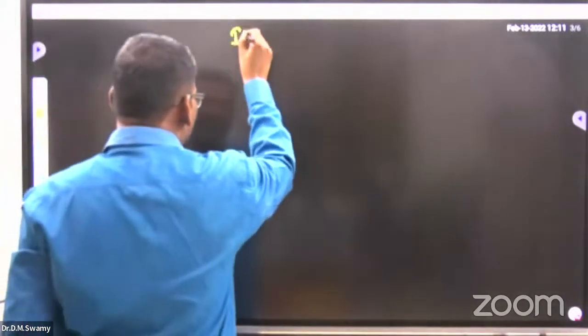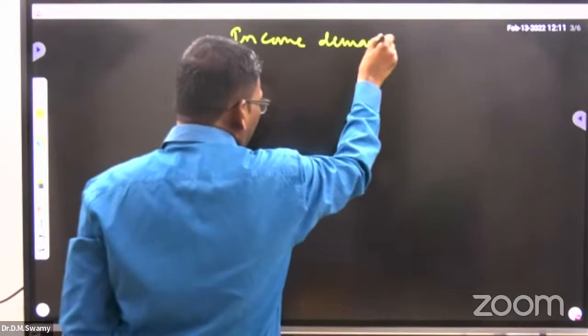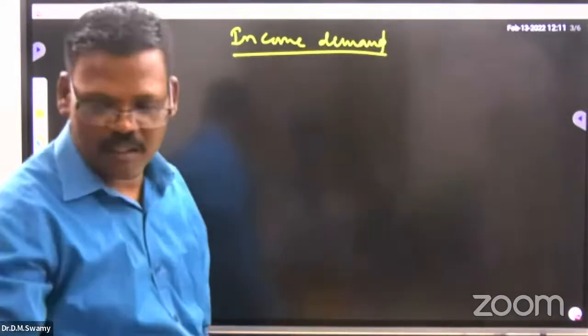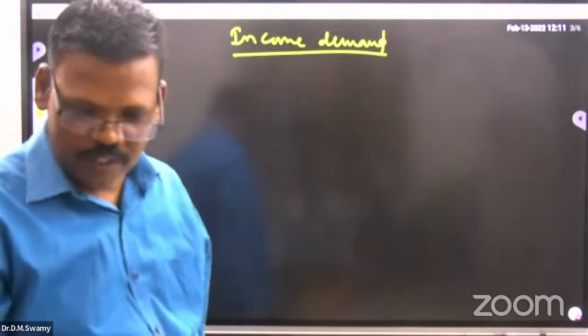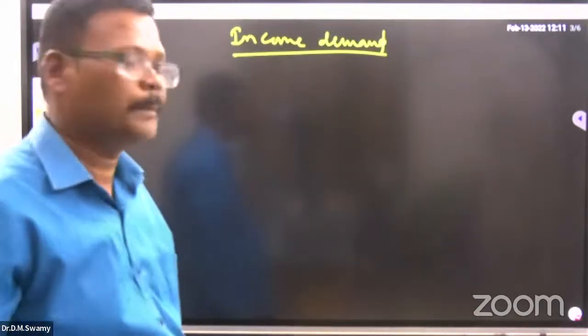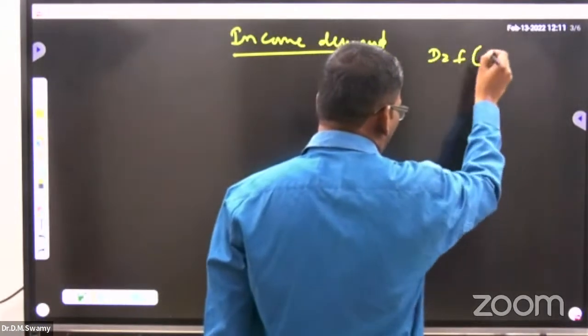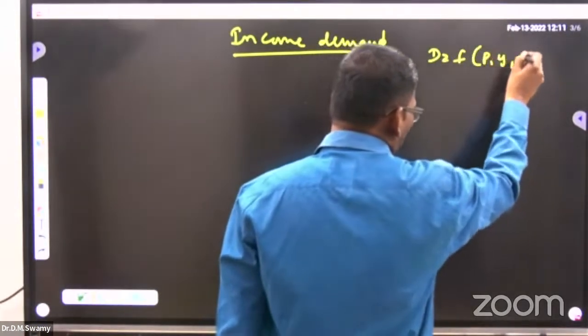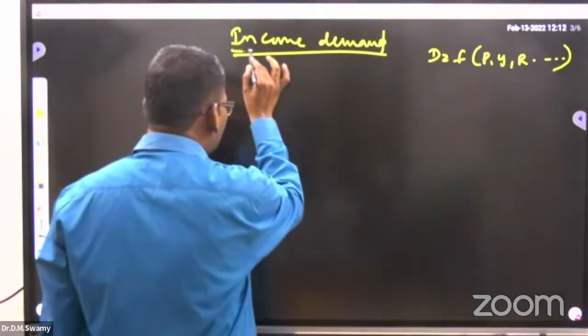And the second one is income demand. We know that demand is a function of price, income, related goods and prices, etc. Now we are talking about the income demand.